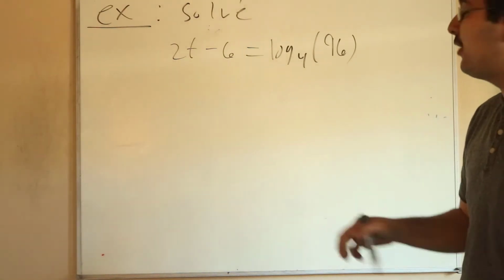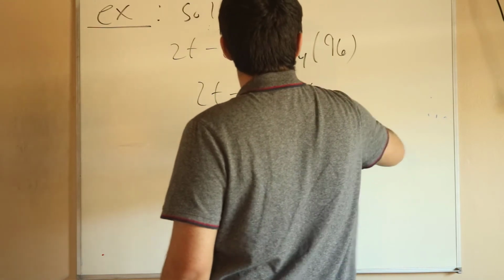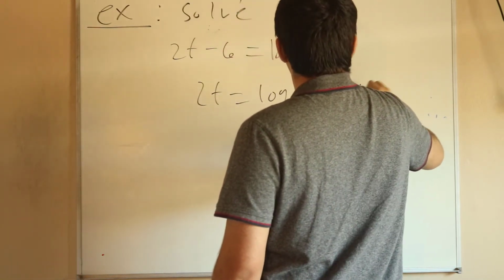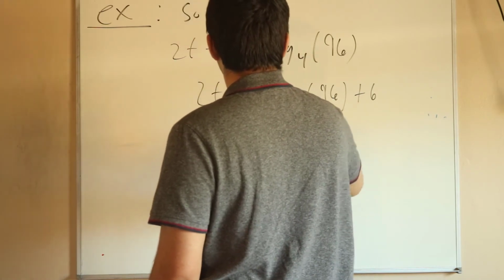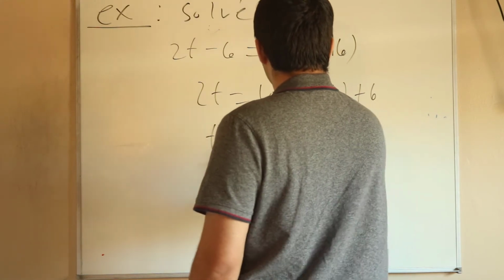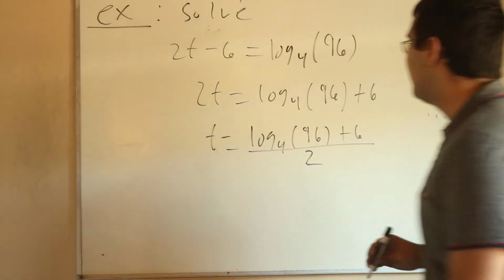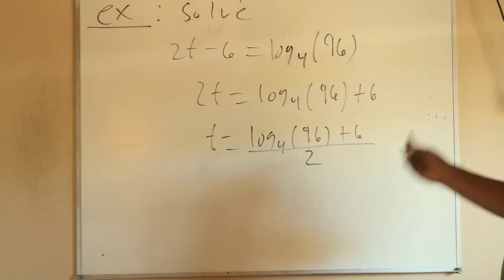Okay, so we'll just continue solving for t, so we're going to add 6 to both sides. Alright, and then t, divide by 2 to both sides. So we get that, alright? And this would be our final answer. So this would be our final answer in exact form.